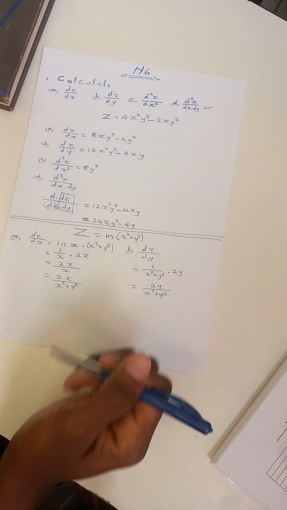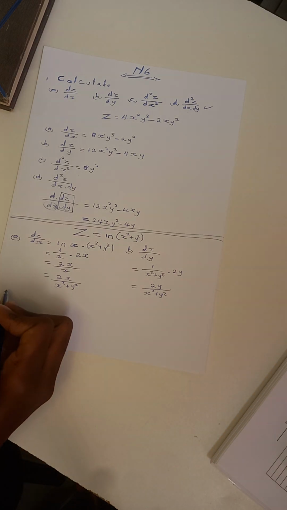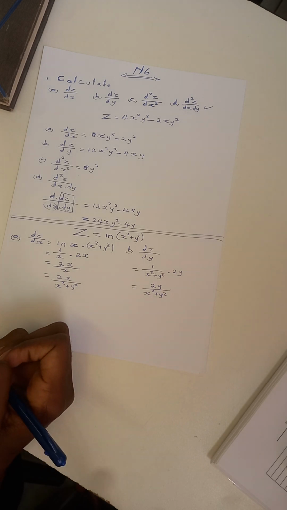And then from there, we're going to be differentiating our dz over dx twice now. That's our second derivative. So let me write it here. I'm not sure if it will fit. Let me do this.